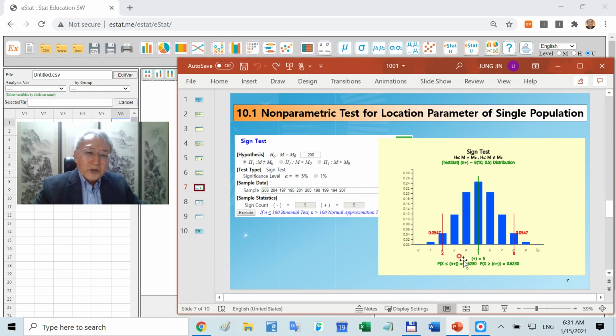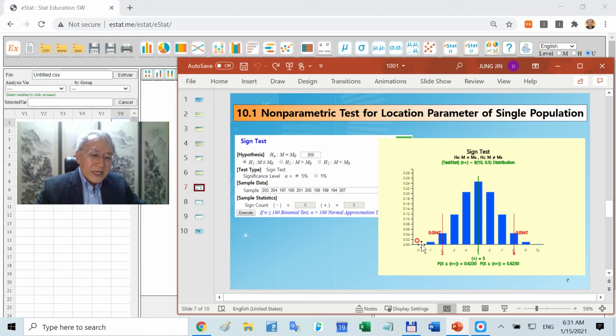If you go to a binomial distribution, it looks like this. And then if you check the probability like this, if it is a two-sided test, you will check each corner point is 2.5%.